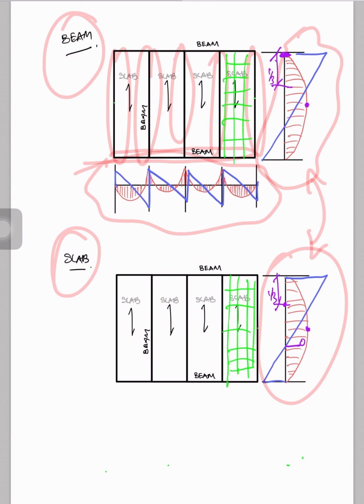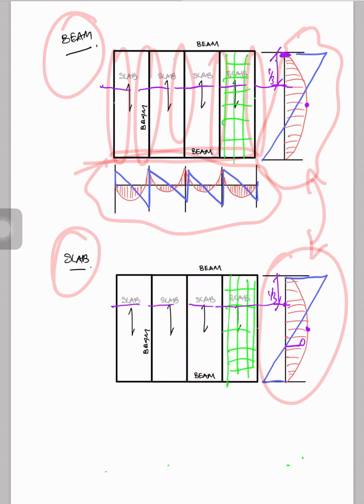Reason is, a construction joint is an induced weak point somehow, and that is the location of maximum shear. So finally, I would say the best construction joint location would be here.